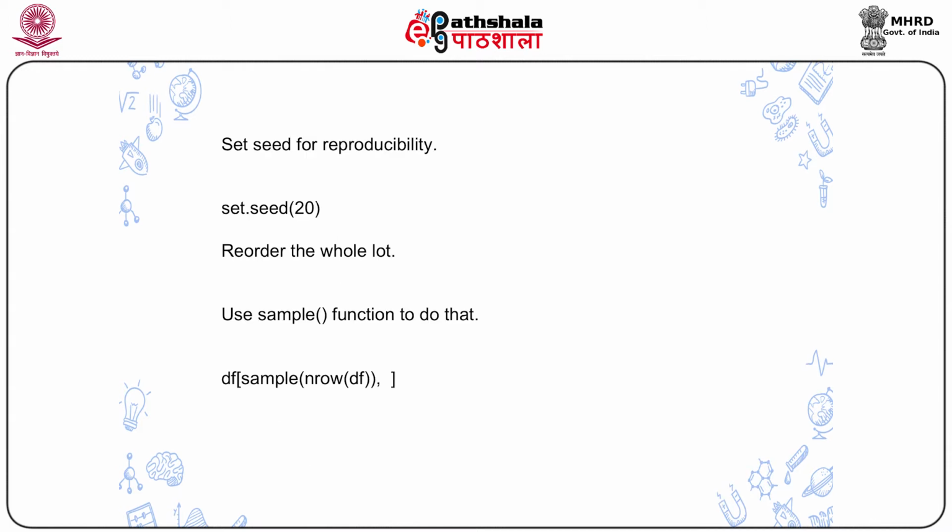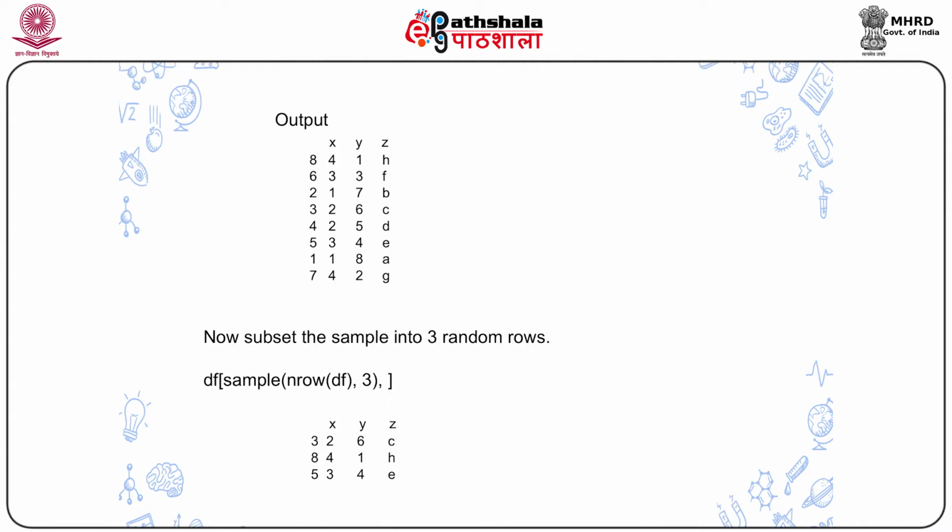Now, we will set seed for reproducibility, and here the seed is set to be 20. Now, we want to reorder the whole lot. So, we will use the sample function to do that, and the code is like this. Using this, we have the reordered data frame and it is given to be like this.